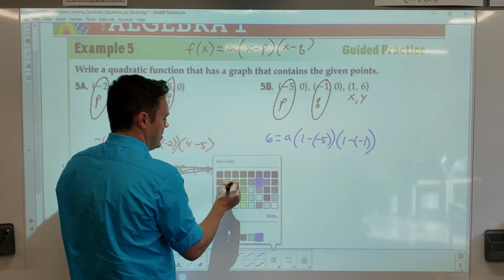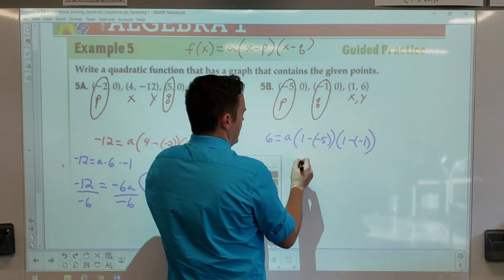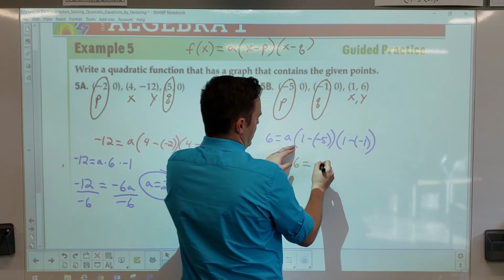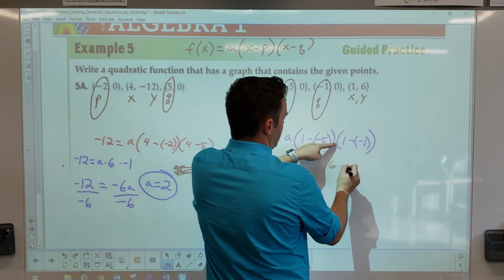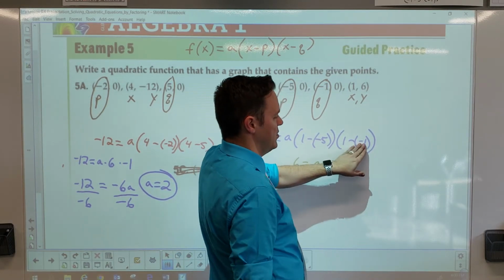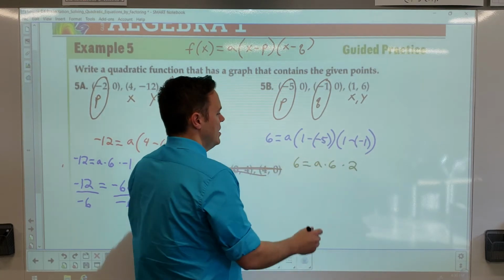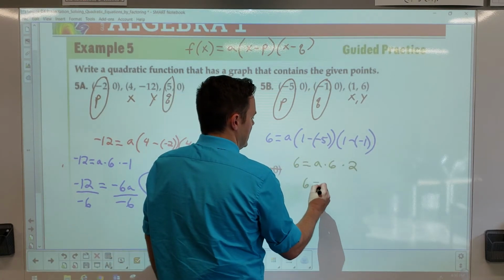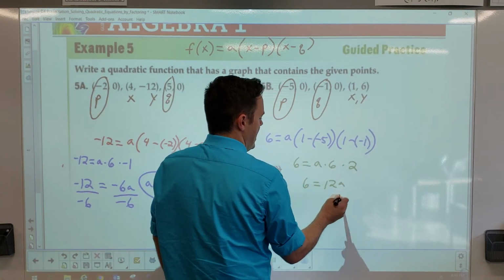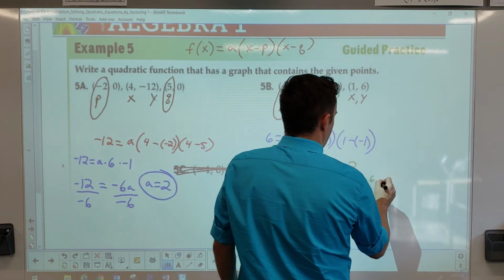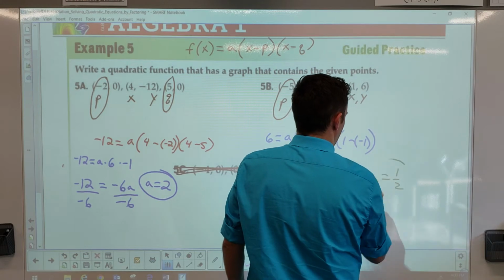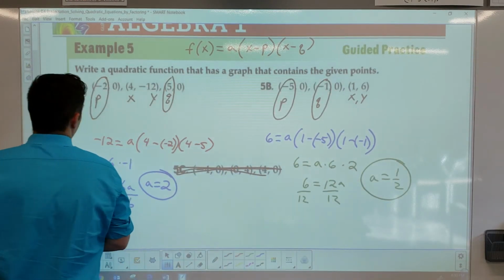Let's switch the color as we come back to this side. 6 equals a times, and this would turn into a 6. And then this would be a 2, because 1 and 1, negative and negative is positive. Multiply it out. 6 equals 12a. Divide by 12. A equals 1/2. So we're not done yet, but we got both of our a values.